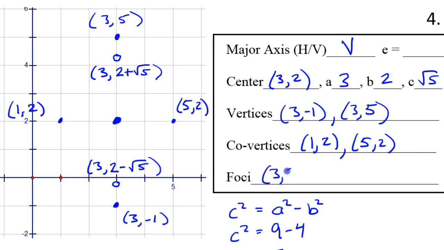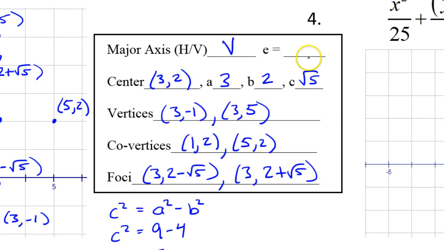So again, 3, 2 minus radical 5, that's the lower focus, and 3, 2 plus radical 5 is the upper focus. Let's go ahead and say the eccentricity, which is always c over a. In this case, that's radical 5 over 3.